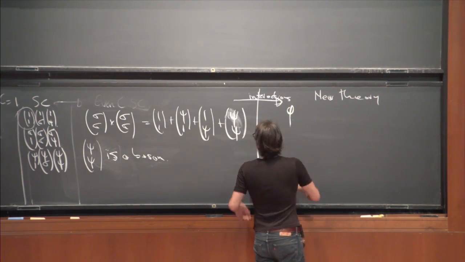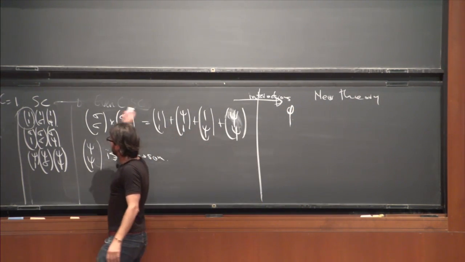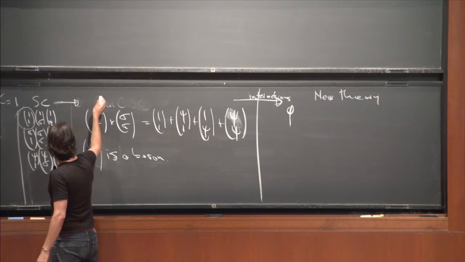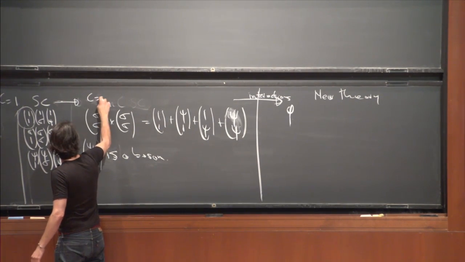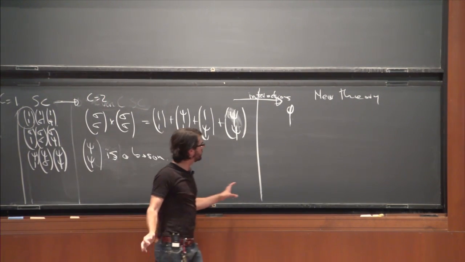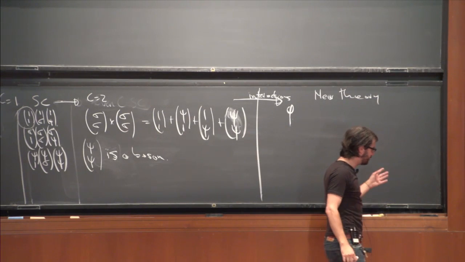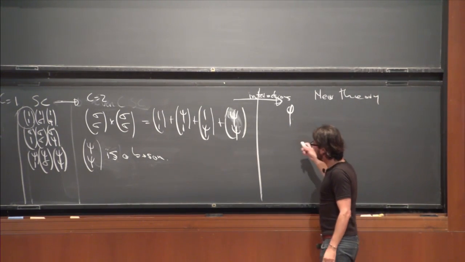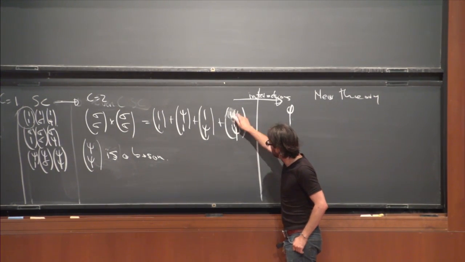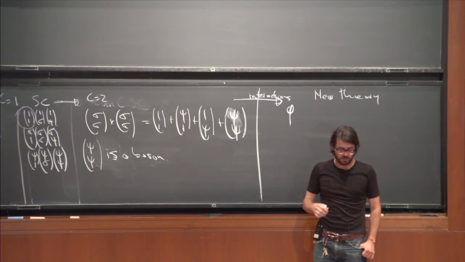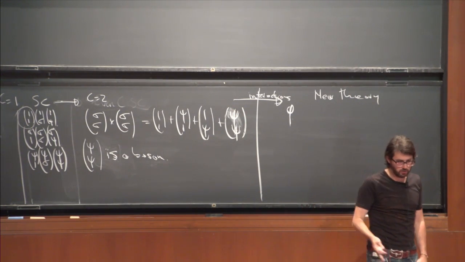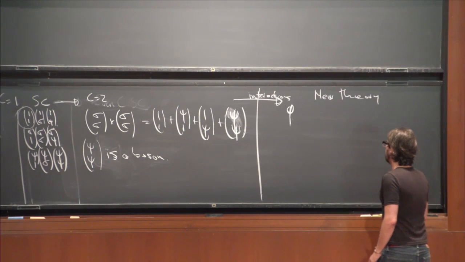So that's a good point. The two C equals 1 superconductors are adiabatically continuable to C equals 2 superconductors. So in the bulk, there's no phase transition. But what I'm doing is identifying this particle, which is a boson, with a new vacuum. So I'm introducing a small perturbation in the Hamiltonian.